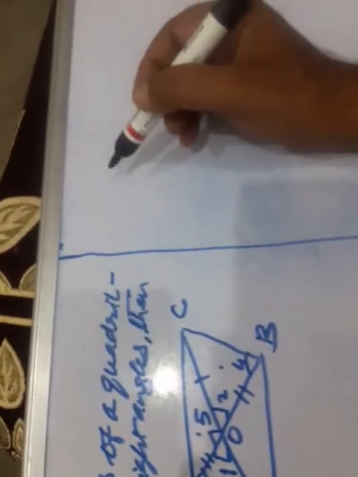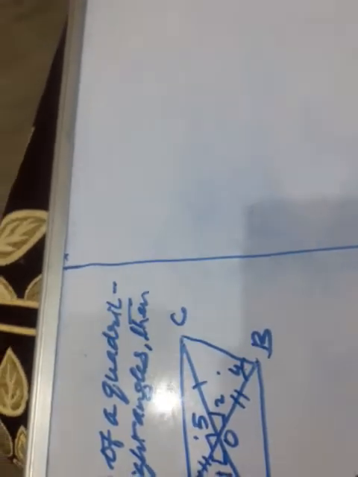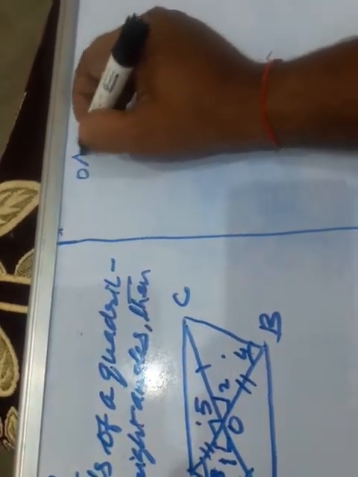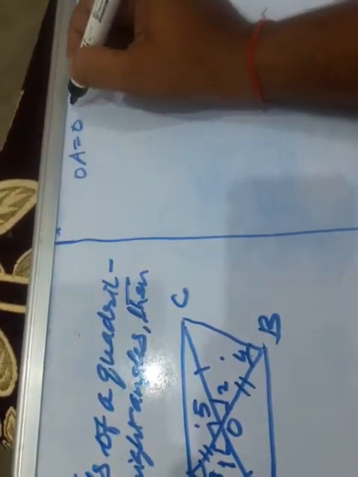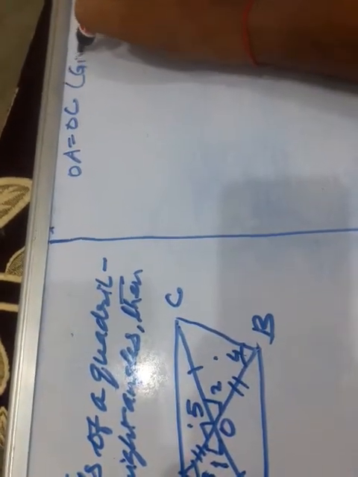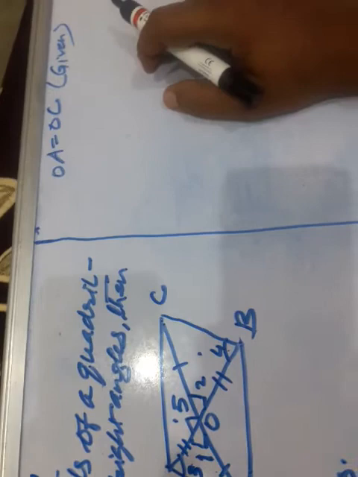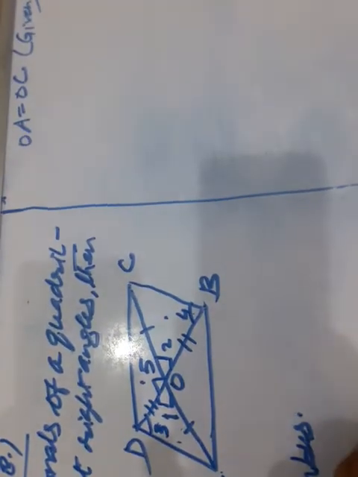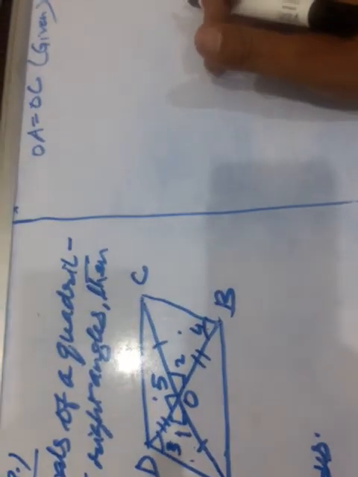Let us see the figure over here, what we have proved. OA equal to OC is given, meaning the diagonals bisect each other.